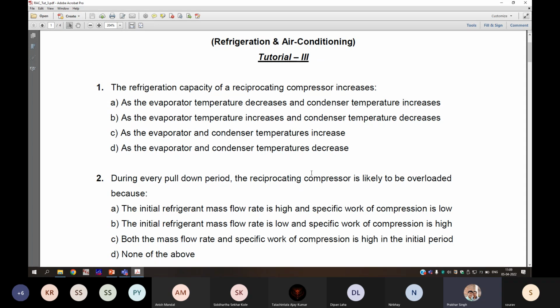Evaporator temperature increases and the condenser temperature decreases. Yes. So you will see that as you bring the two temperatures closer to each other, your RE increases and your m dot will also increase. I think these things have been discussed in class also.